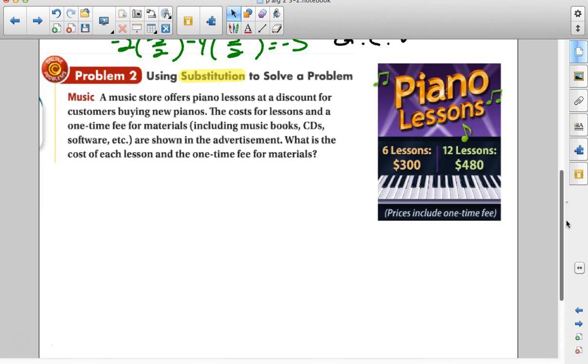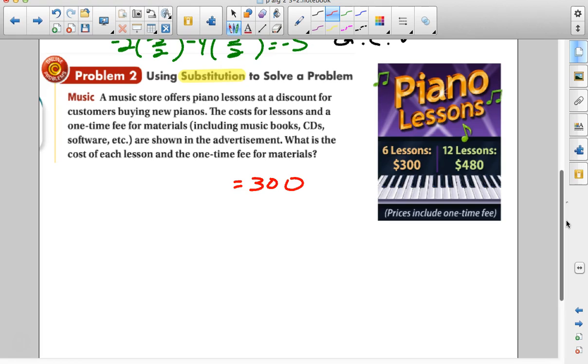6 lessons will cost $300. $300 seems like a total. So if that's my total, that total was for the 6 lessons. But what's hidden in the cost with those 6 lessons? What did it say that's in there? Yeah, so we're going to have 6 times something for the lessons.